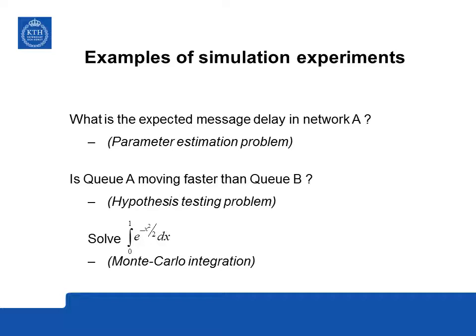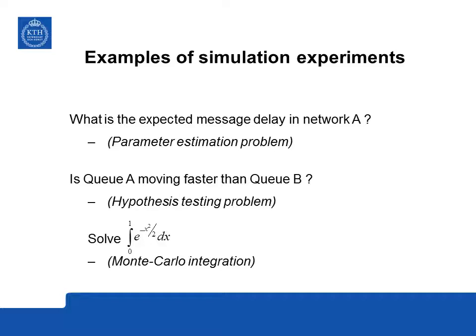Is QA moving faster than QB? That is a hypothesis testing problem, and this is also something that we can attack using simulations. And solve this integral. That's what you call Monte Carlo integration.